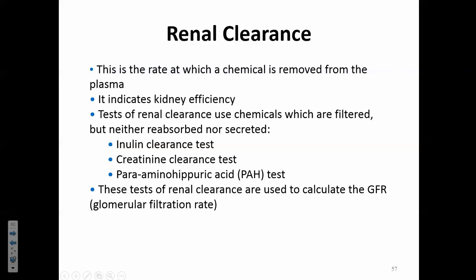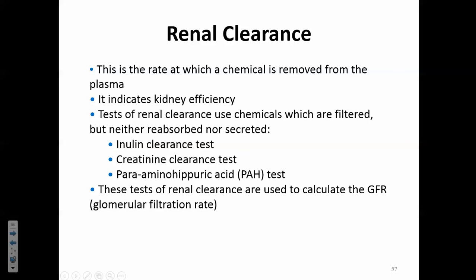What they do is put a substance in your blood. Because it's in your blood, it makes its way to the kidneys, and it's filtered along with everything else, but it is neither reabsorbed nor secreted. So it just kind of is inert. It just sort of runs through.